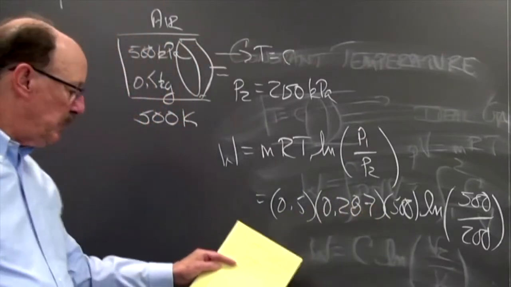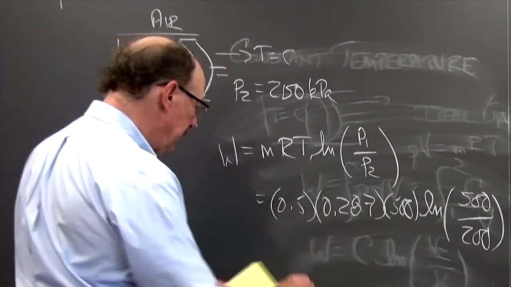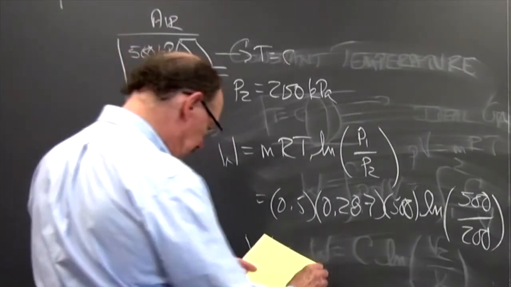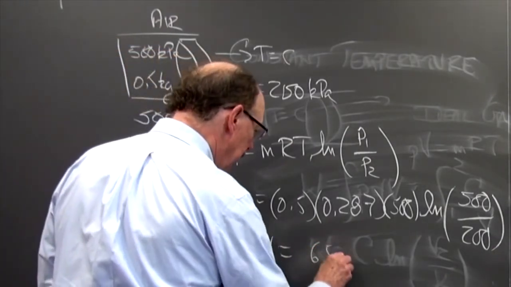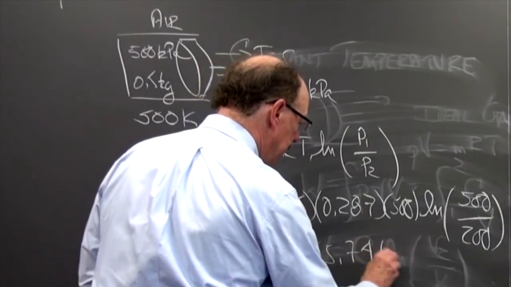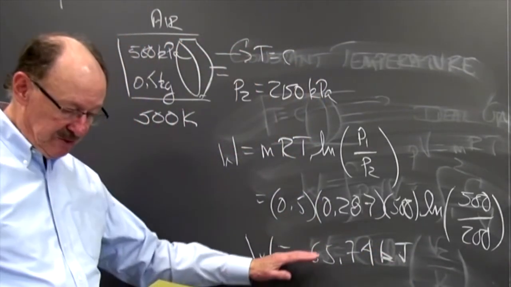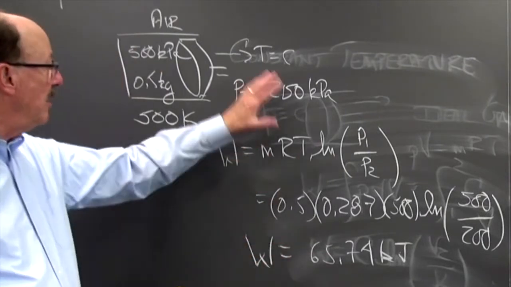So we've substituted in and we find that the work is equal to 65.74 kilojoules. And this is equal to the heat as well. So we have that the work and the heat are the same.